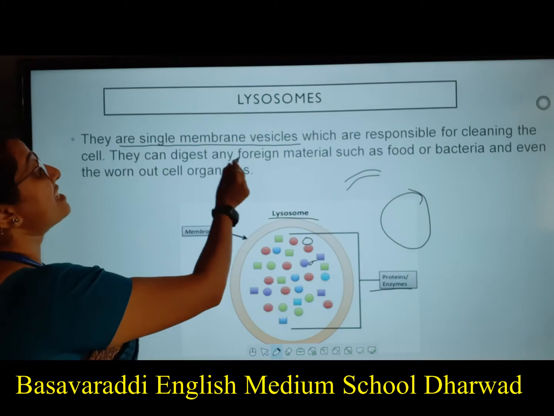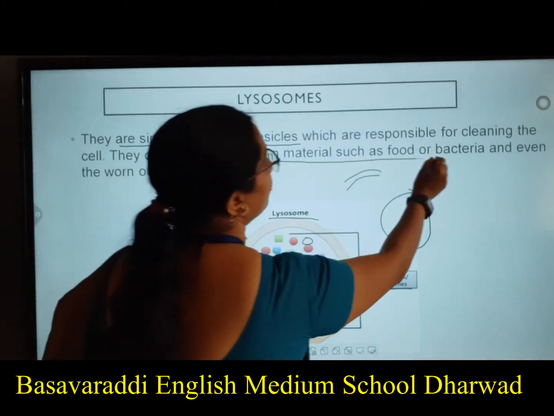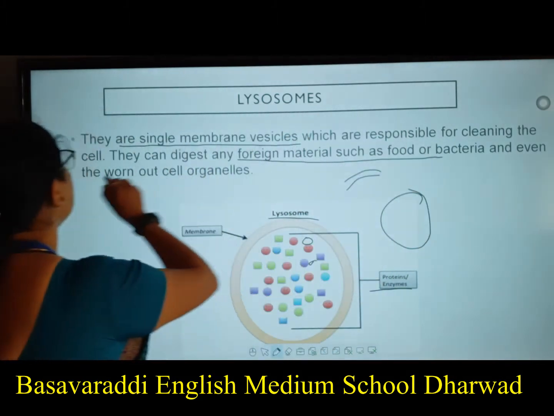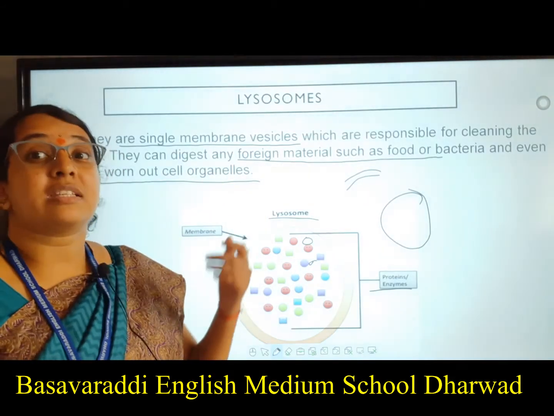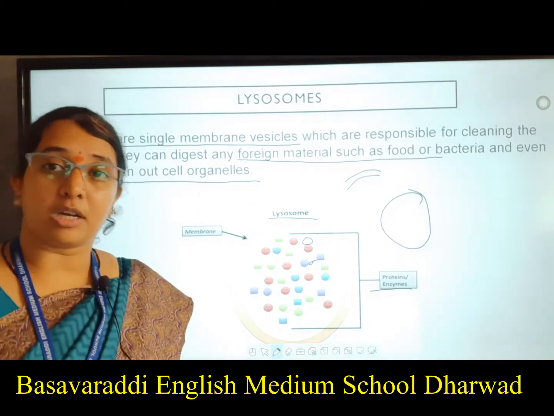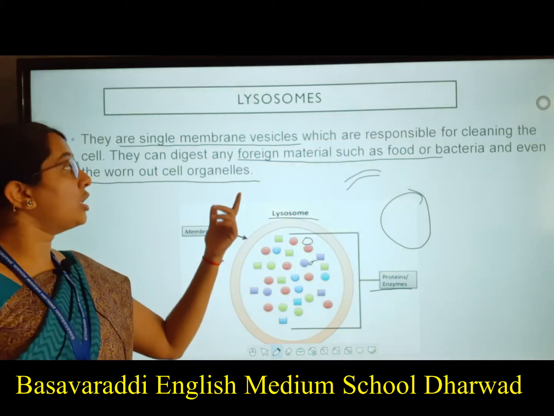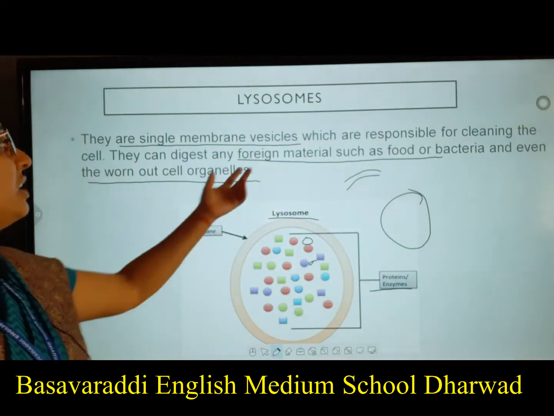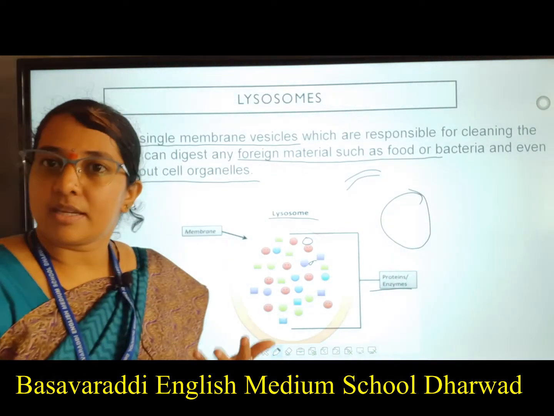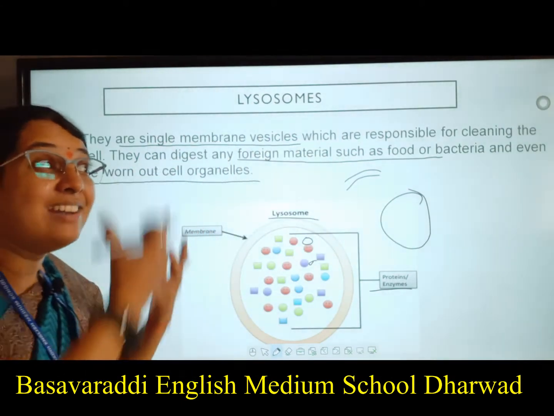They can digest any foreign material such as food, bacteria, and even worn out cell organelles. So the lysosome is very important because it digests, that means completely removes, the foreign materials entering the body.